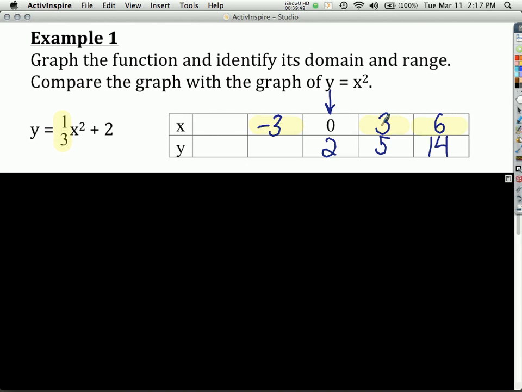Chris? +9. What's +3 squared? +9. So even though this is a negative number, watch what happens. Negative 3 squared is 9. 9 times 1/3 is 3. 3 plus 2 is 5. But we didn't have to do it because we already knew it was going to come out to 5.